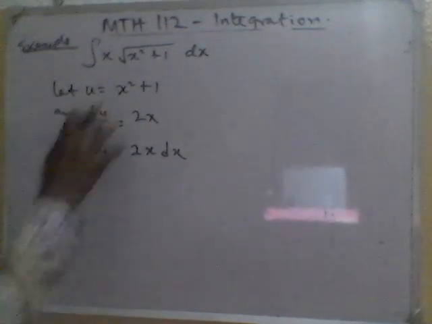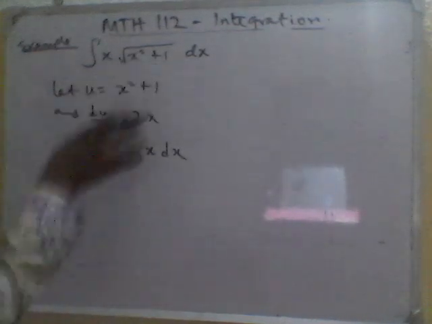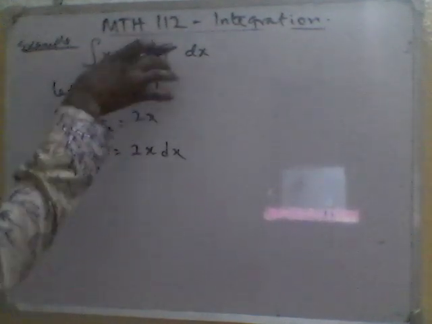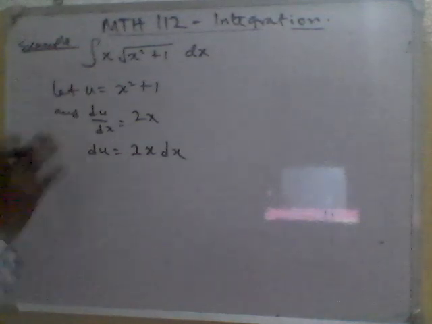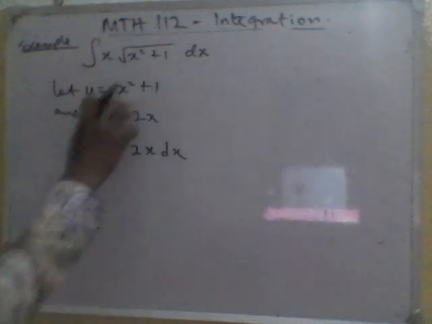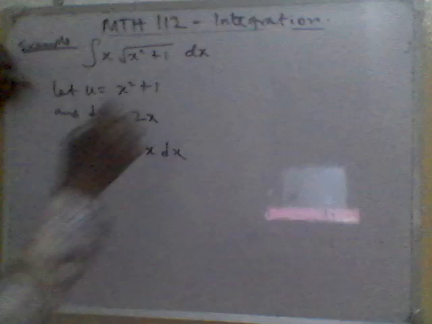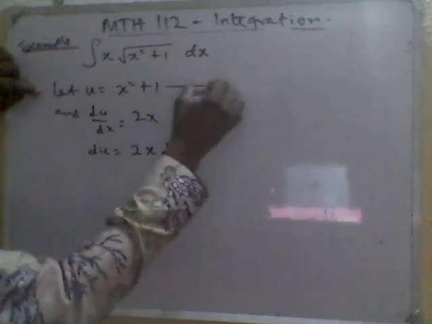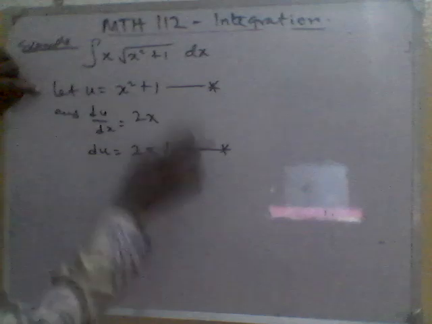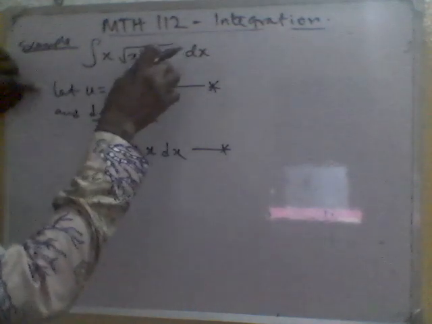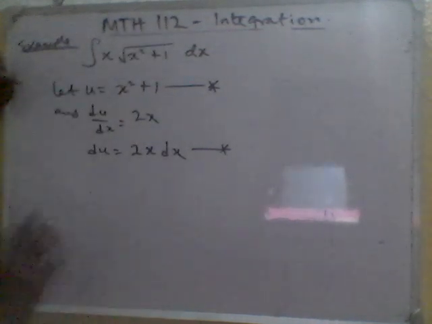That is, I just multiply this by this to make use of the formula. You understand? Now I'm going to express this in terms of u and du, so I can integrate the u. Watch this. How can I put these two expressions inside here so that only u will be showing, nothing like x?